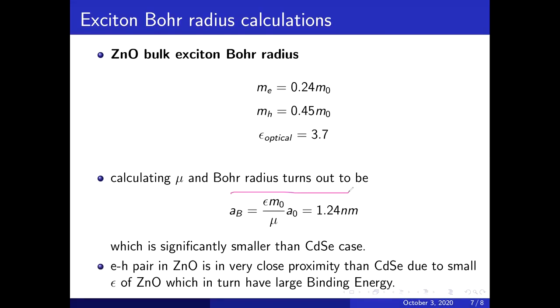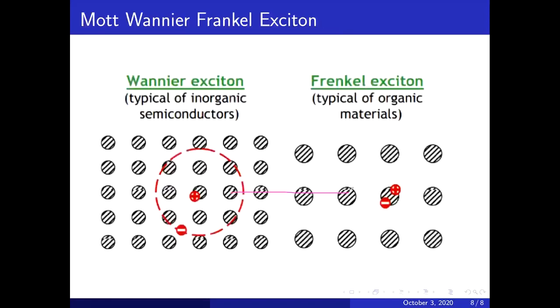So we have two types of excitons. For one, you need to impart more energy to break them or separate them. For the other, that can perhaps happen at room temperature.